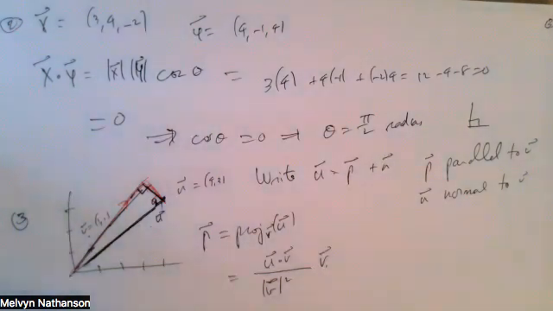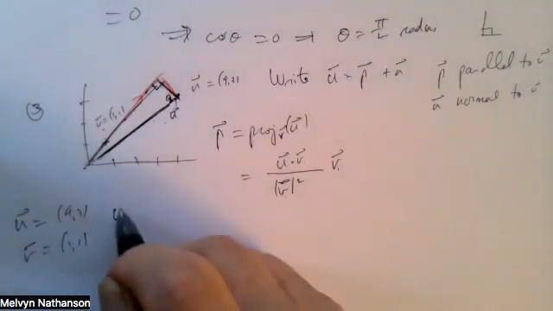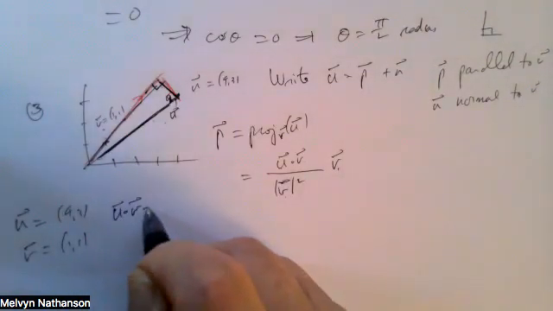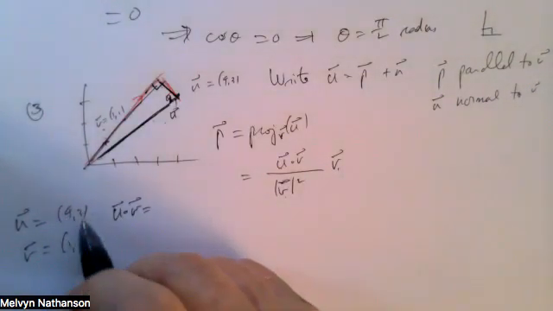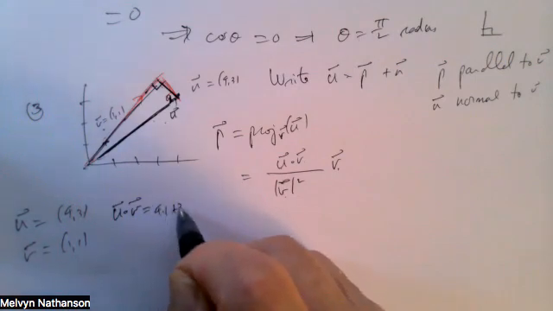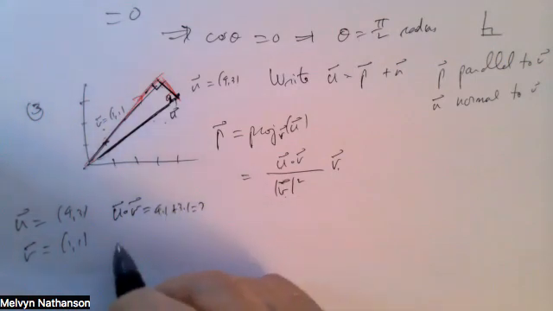So if I take U is 4, 3, V is 1, 1. The dot product U dot V is 4 times 1 plus 3 times 1, which is 7.